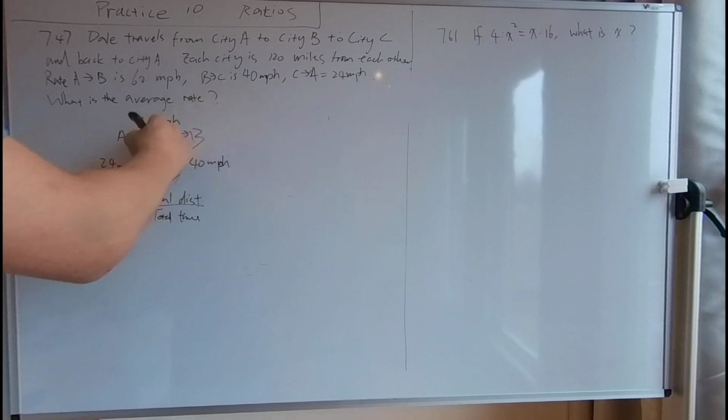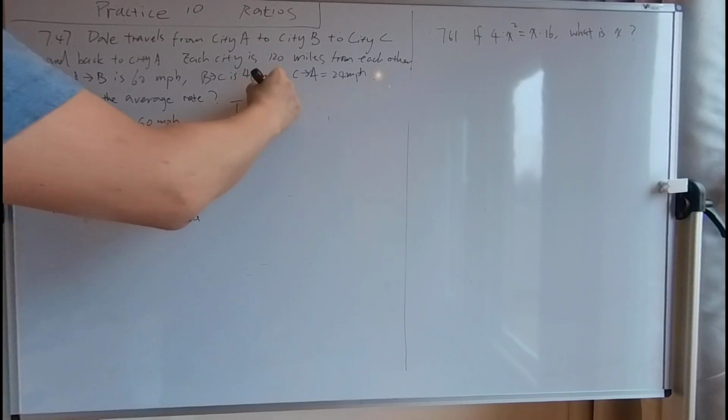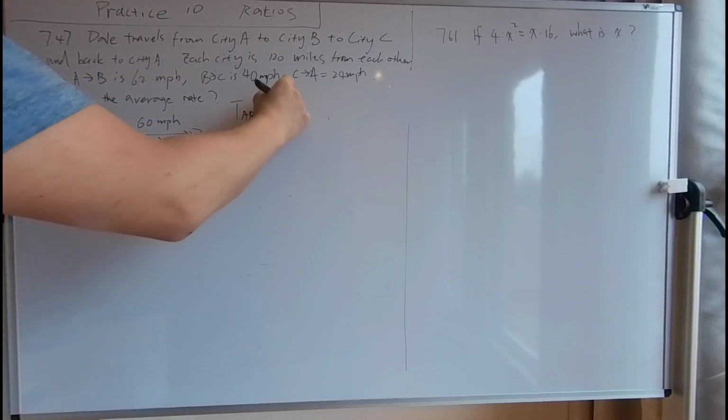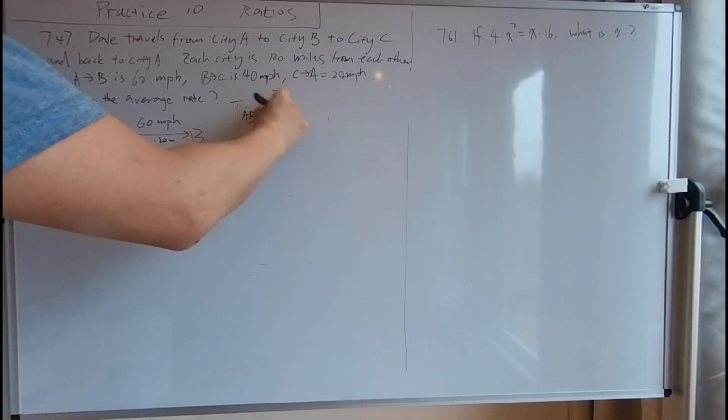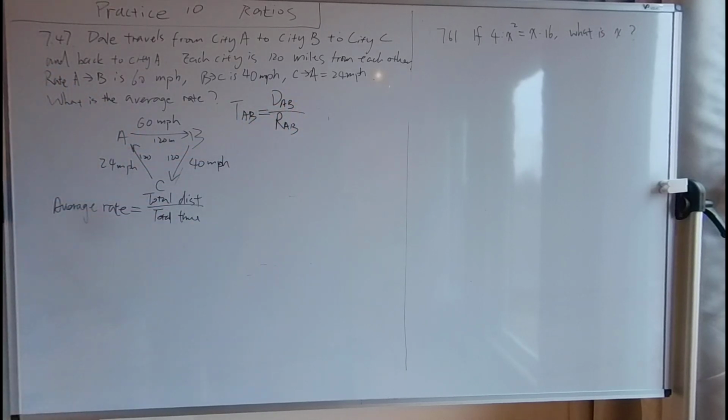So segment number 1, let's say, t1 between A and B, the time is equal to the distance between A and B divided by the speed or the rate between A and B, right?